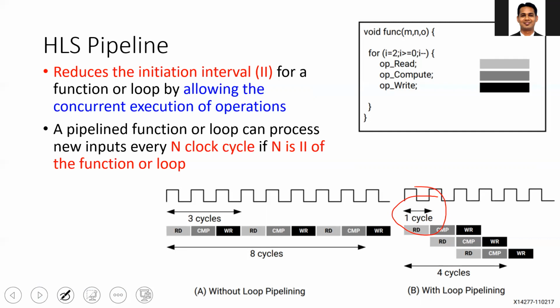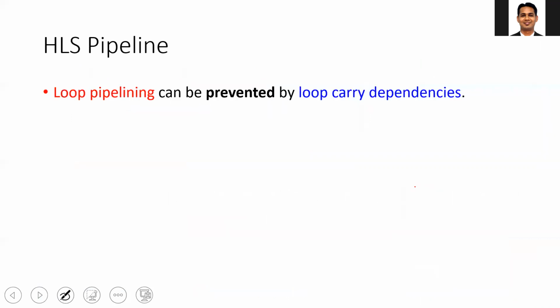While doing the pipelining, you need to take care of a few things. For example, when you are trying to pipeline a loop, it can be prevented by loop carry dependency. What do you mean by this? Say I have a loop performing 3 iterations, but in the next iteration I am using the data of the previous iteration.